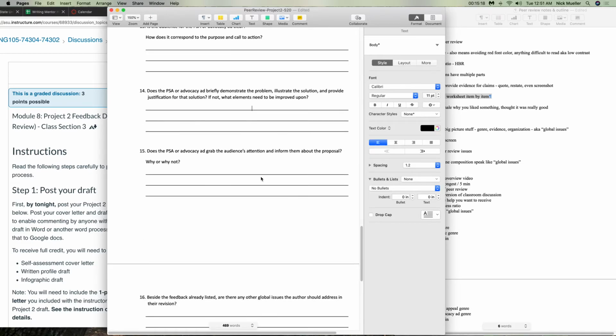14, does the PSA or advocacy ad briefly demonstrate the problem, illustrate the solution, and provide justification for that solution? If not, what elements need to be improved upon? Again, the text of your peer submission can be useful for checking these things, because like that very early question in this peer review worksheet asks you to do, your peer is supposed to state the problem and explain why there's a need for a solution to that problem and what that solution might be.